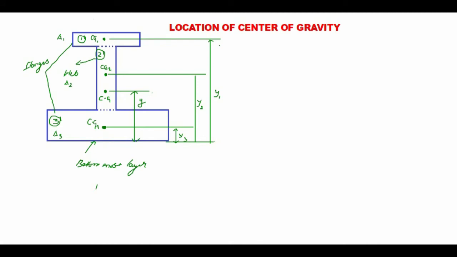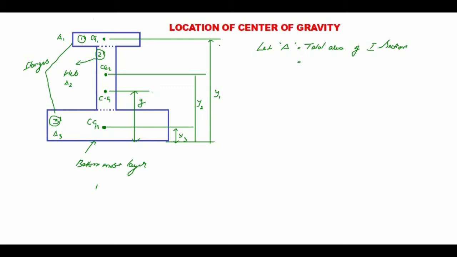See here now, let capital A be the total area of the I section. Then what would be the value of A?